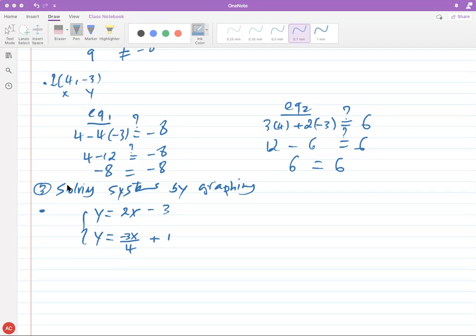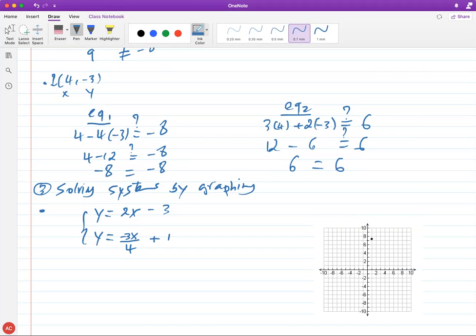Let me grab a graph from the internet. You can easily Google a graphing paper and you'll get something like this. Choose one that has numbers in it.